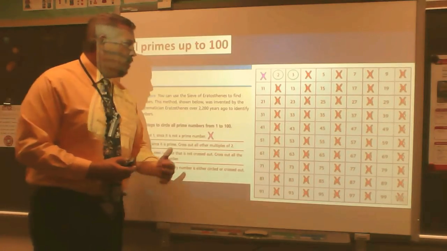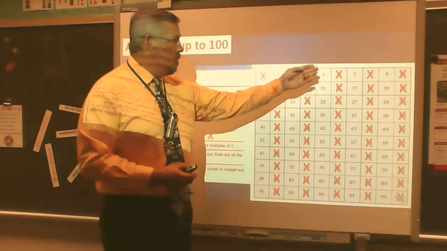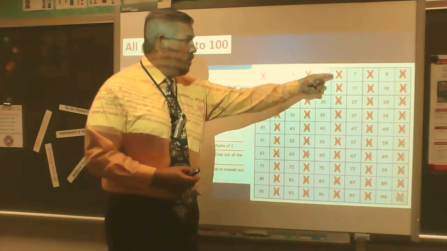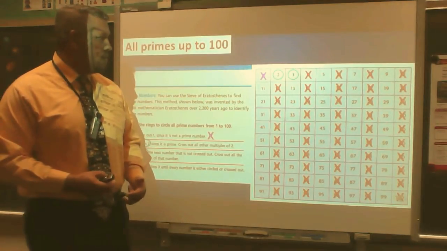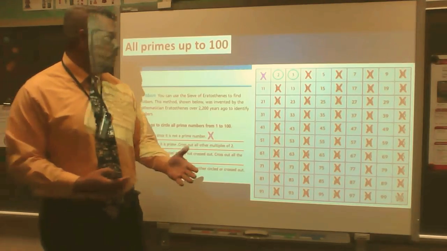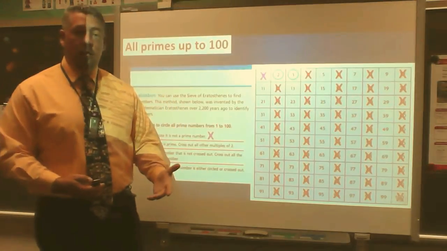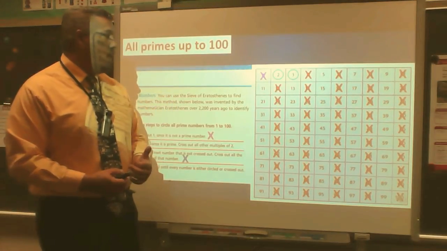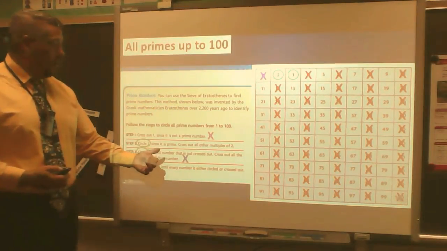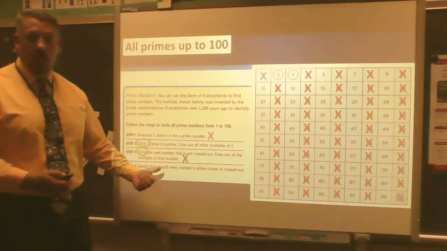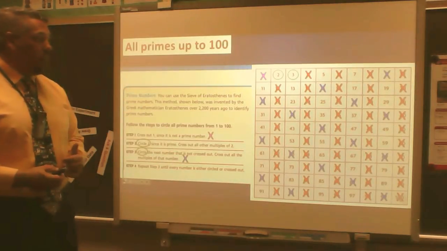Now as I do it from the 3, my next third one, 1, 2, 3, is a 6. And it's already crossed out because it's even. And then from the 6, I go 1, 2, 3, and I have a 9. Okay, so I have to cross that one out because I know 3 will go into it. So once again, we're going to use X's to cross out and eliminate.